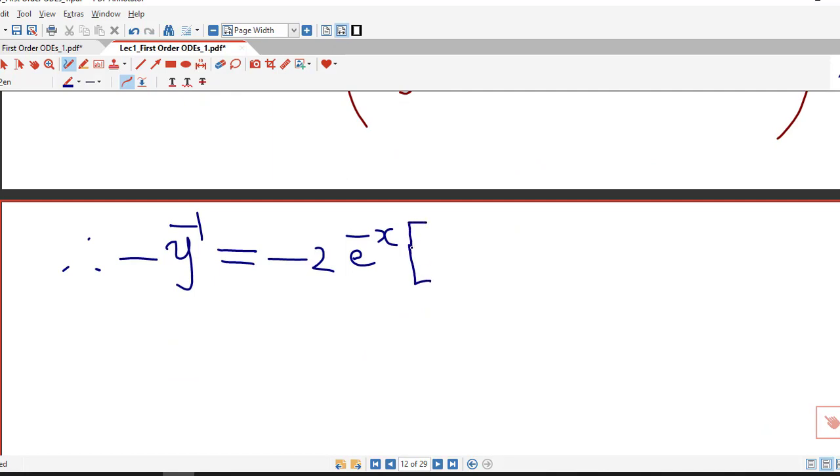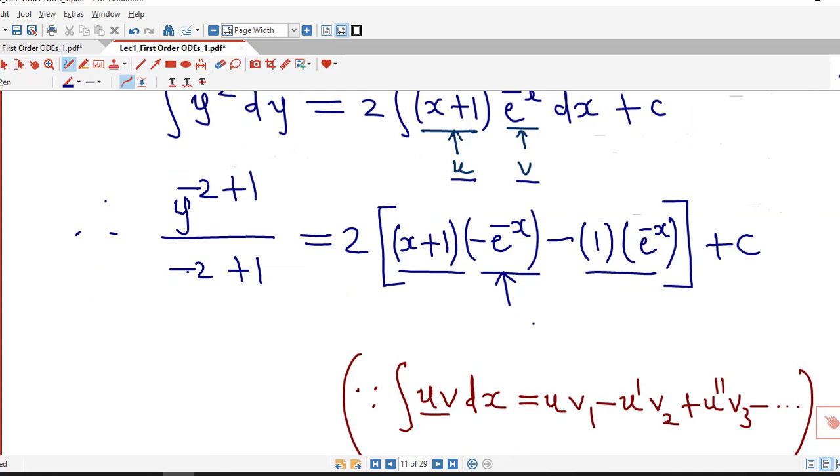We write one more step: x plus 1 plus 1 and plus c. This minus e raised to minus x is common, so we have 2 into minus e raised to minus x, and we are left with this bracket, and here we have 1 and plus c.